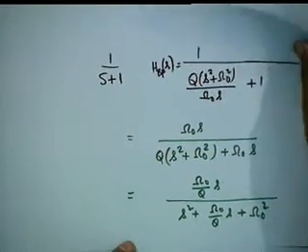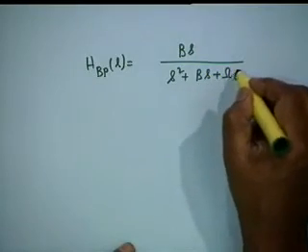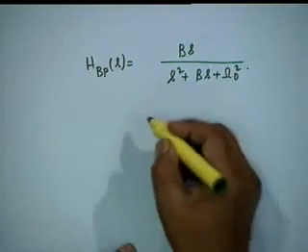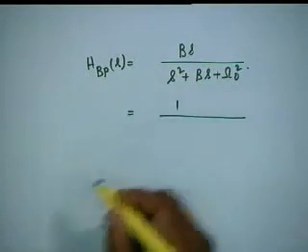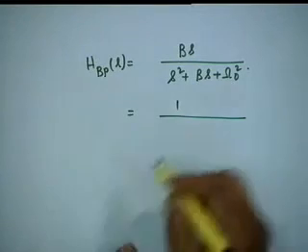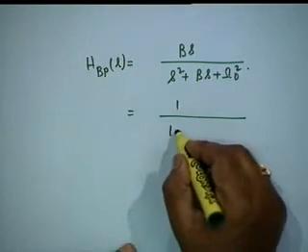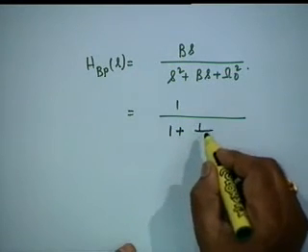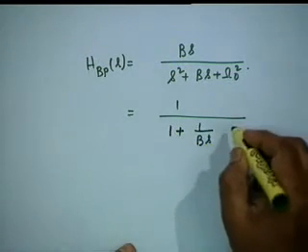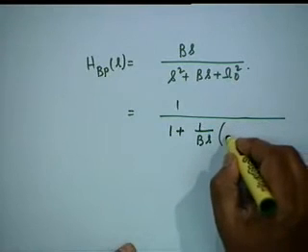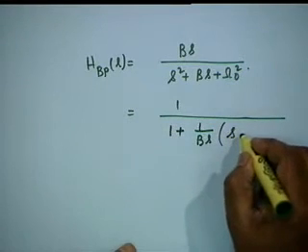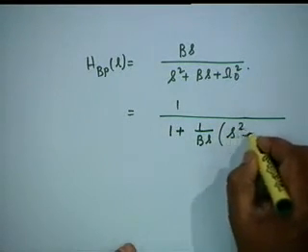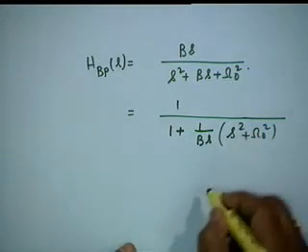Okay. So, B s plus omega naught squared. Let us divide by B s. Then I get 1 plus 1 over B s times s squared plus omega naught squared.